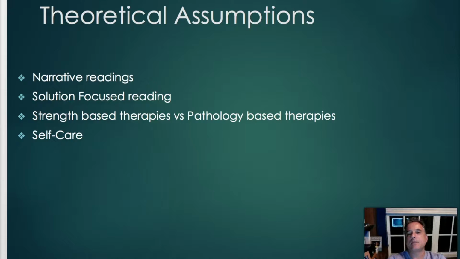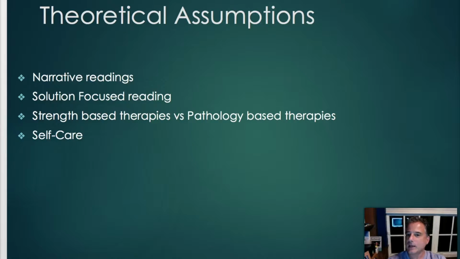Pathology-based therapies tend to be therapies that focus on what's wrong with people or what they lack. So for example, saying a client has low self-esteem or low self-confidence or that they lack communication skills. These are all deficit ways of talking about our clients.